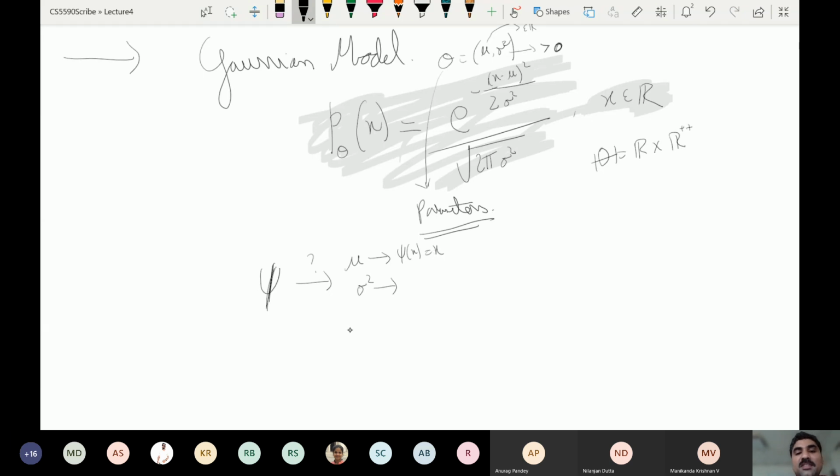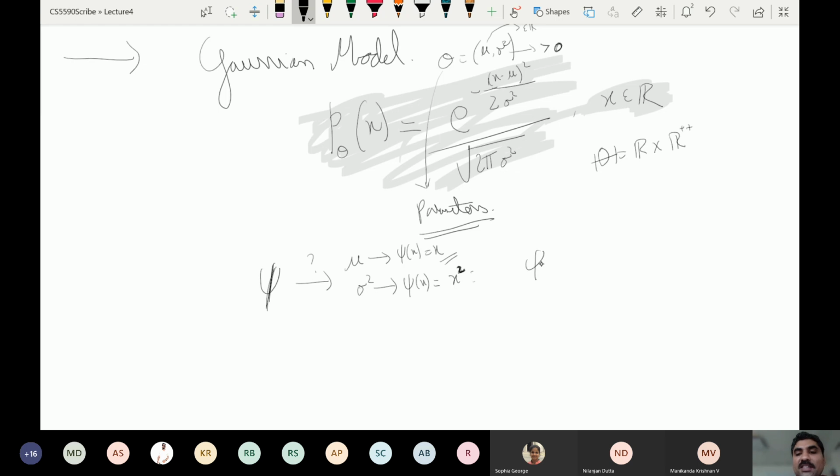How will you match variance? What function of psi should we use? X square. You should basically use x minus expectation of x, squared, but expectation of x has already been matched here, so x square will be enough, right? So your guess is right.